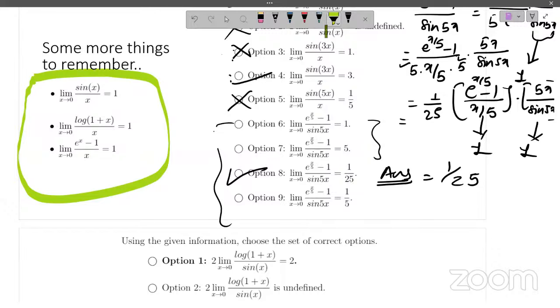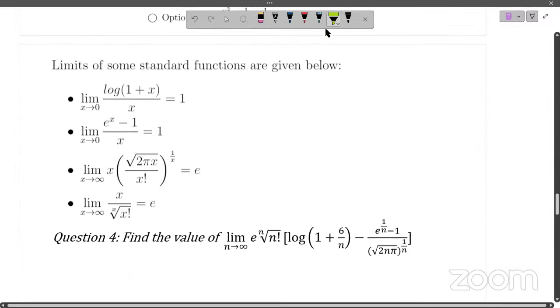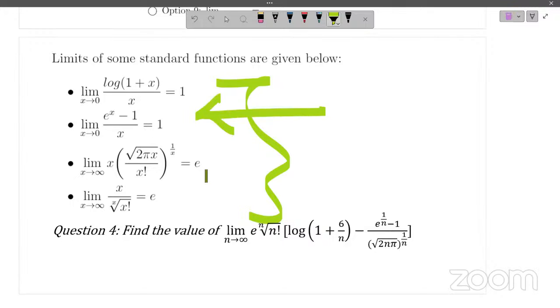Just write it down and try to remember it. Similarly, these limits are also not that trivial to show that they exist and turn out to be 1 or whatever the values are given. So I suggest that you remember them, so that it will be helpful in finding the limits of other functions.